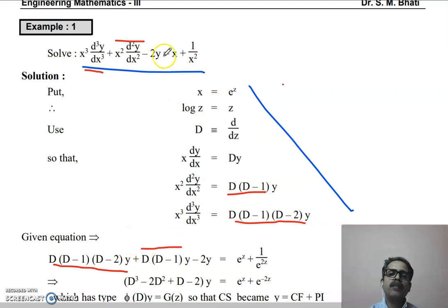You can see minus 2y as it is. And note that the right hand side should be converted into z. We put the value of x by using the first equation, so here is 1 by x square, you will find 1 by e raised to z whole square, that became 1 by e raised to 2z.